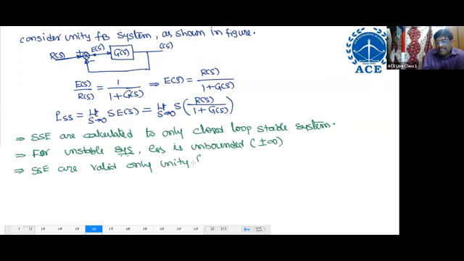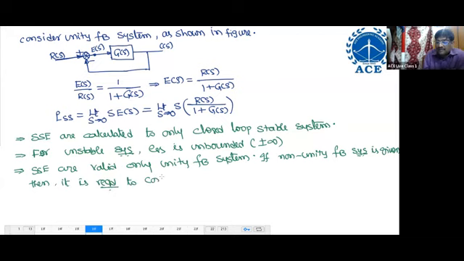If a non-unity feedback system is given, it is required to convert it into unity feedback.